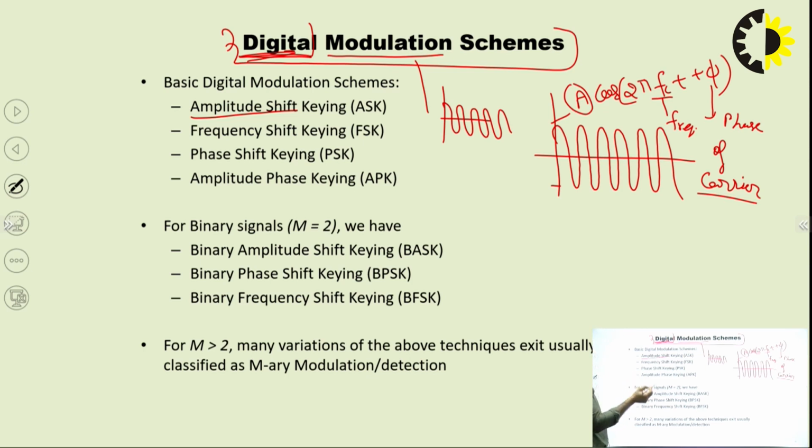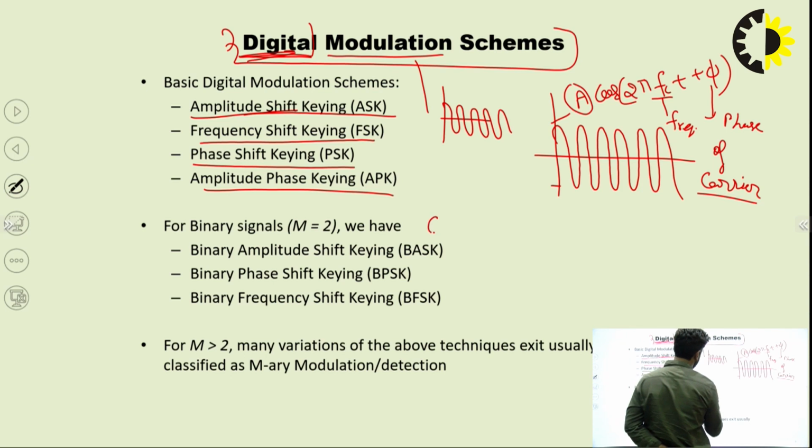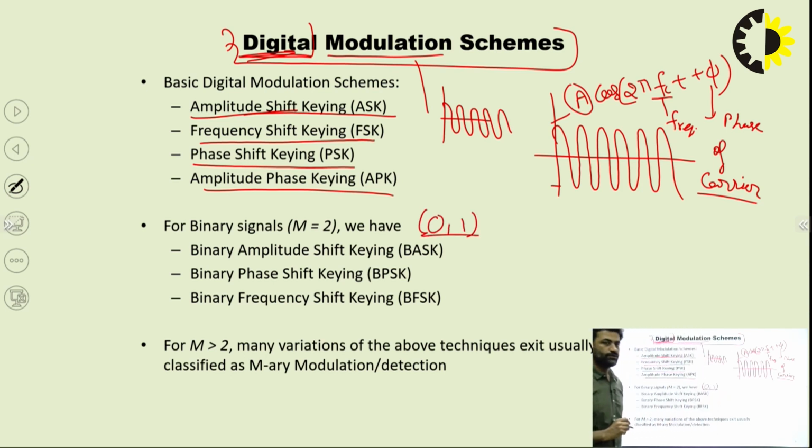If we vary the amplitude of the carrier, it is known as amplitude shift keying, ASK. If the frequency varies, frequency shift keying, FSK. If the phase varies, PSK. If the amplitude and phase vary, it is APK. For a binary signal, meaning we are sending only 0 or 1, where data comprises only 0 and 1, then M equals 2.